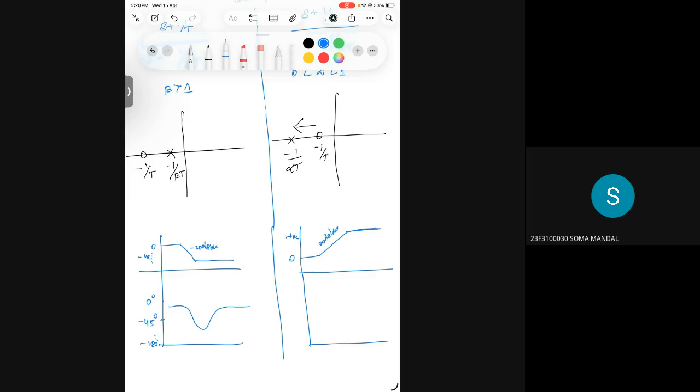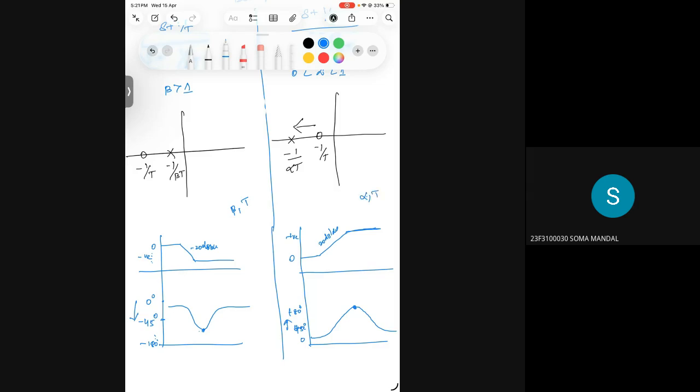Your phase will look something like this for your lead compensator. So this is 0, and some positive degrees, maybe 45 degrees, as it goes above, and then this goes down. Where this peak ends and where this dip ends depends on your alpha and T value.